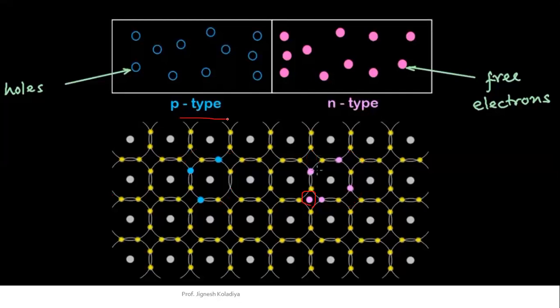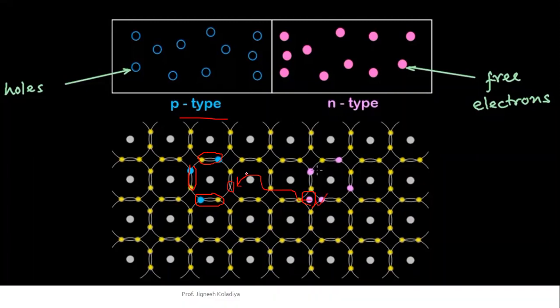On the p type, you can see 3 covalent bonds are completed, but here we do not have any electron. That means at this place one hole is created. Now if this electron is moving and coming over here, it will complete this place. But if an electron comes over here, then definitely it will create a hole in this case.